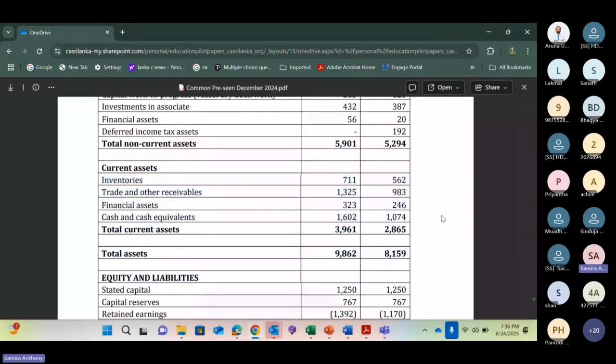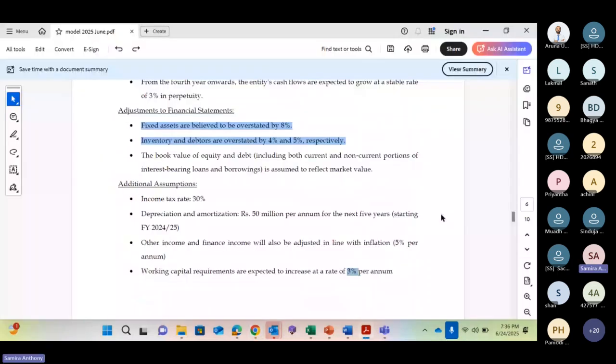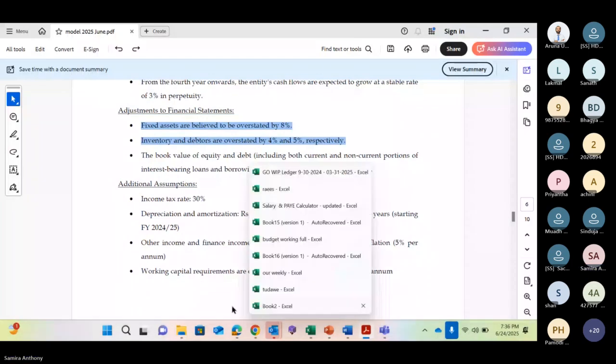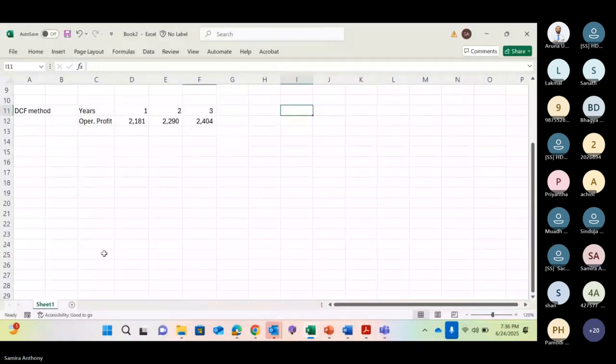I will do workings here. Working capital. Year 0 is today, the given balance sheet. Then year 1, year 2, year 3.